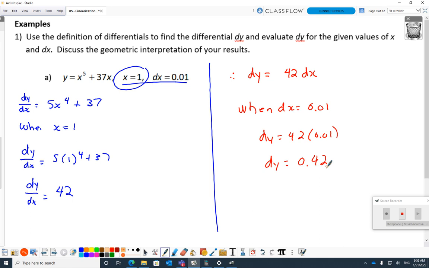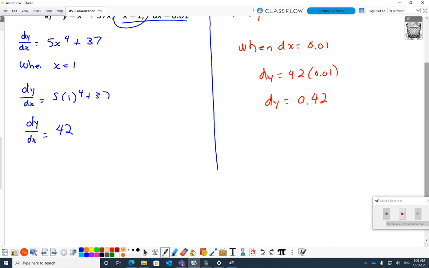It says discuss the geometric interpretation. So I got some curve. I don't really know what this curve's doing. Maybe I sort of do know what the curve's doing. I sort of know the curve's doing something like this, and I've got my tangent line right here. Here's the geometric interpretation. At that particular point, f prime at 1 was equal to 42.